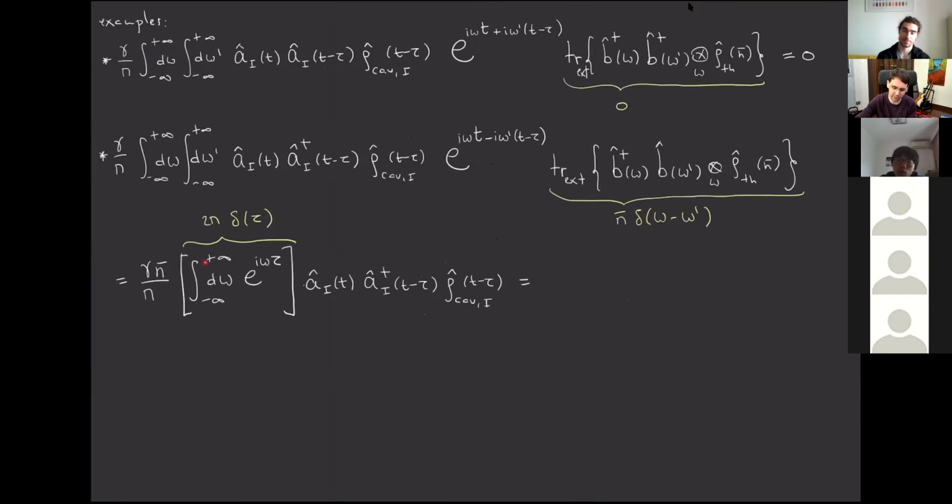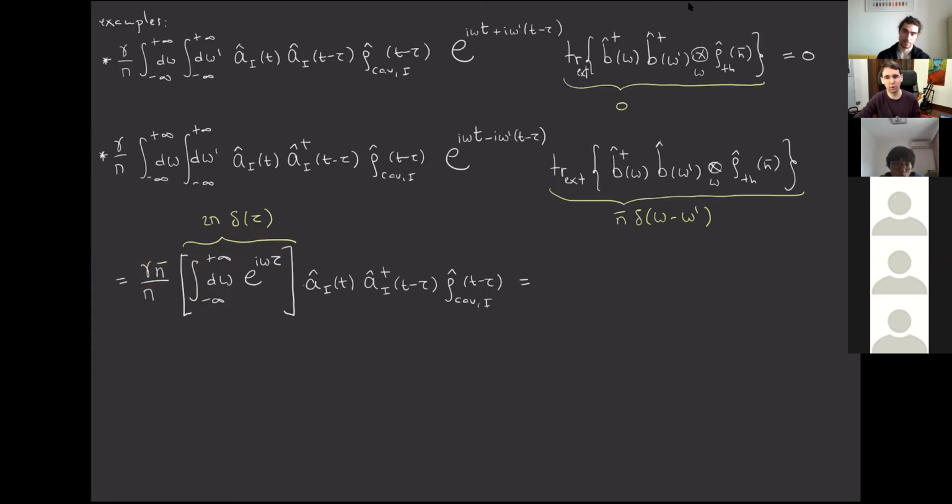Because the reason why you get just this integration of the exponential over omega is that we have made the approximation that the interaction doesn't depend on omega. If the interaction, which is contained in this gamma, the interaction between the system and the environment, would depend on the frequency, this would not be a delta function. This would be an integration of the exponential, so it's a Fourier transform, if you want, of the coupling as a function of omega. And this Fourier transform is not a delta function in general if it depends on the frequency.